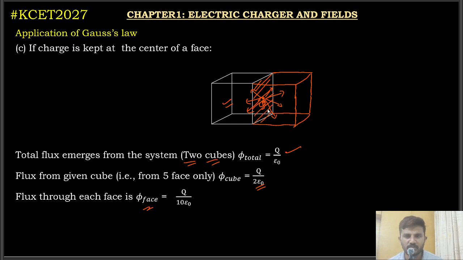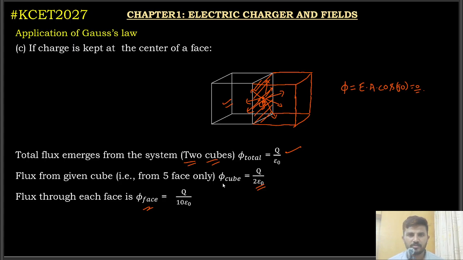The remaining 5 faces will be there because here the flux is parallel to the surface. So theta is 90 degrees, cos 90 is 0. So if you consider the charge on the face, the flux will be parallel to that face. So E into A into cos 90 degrees is 0. Clear?